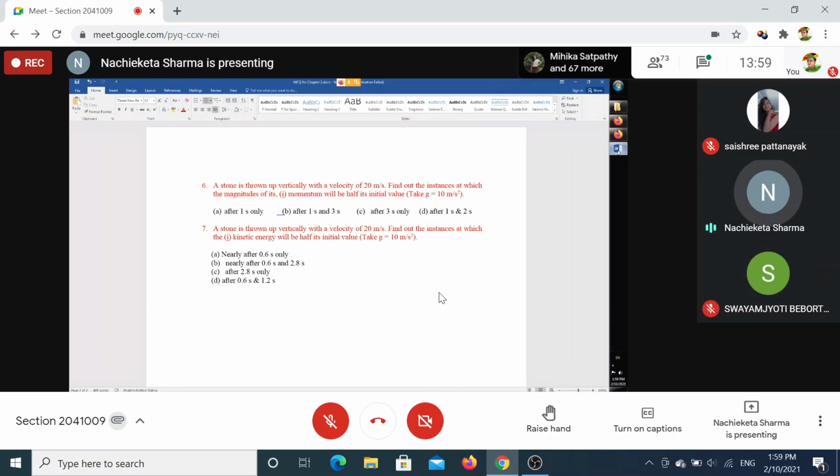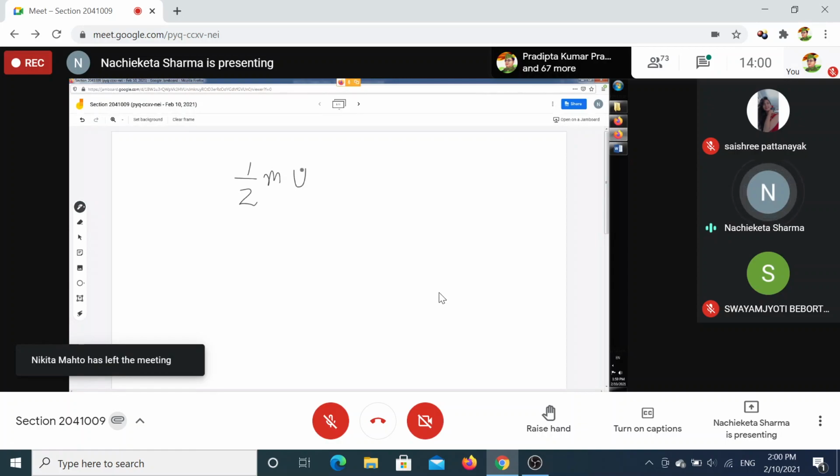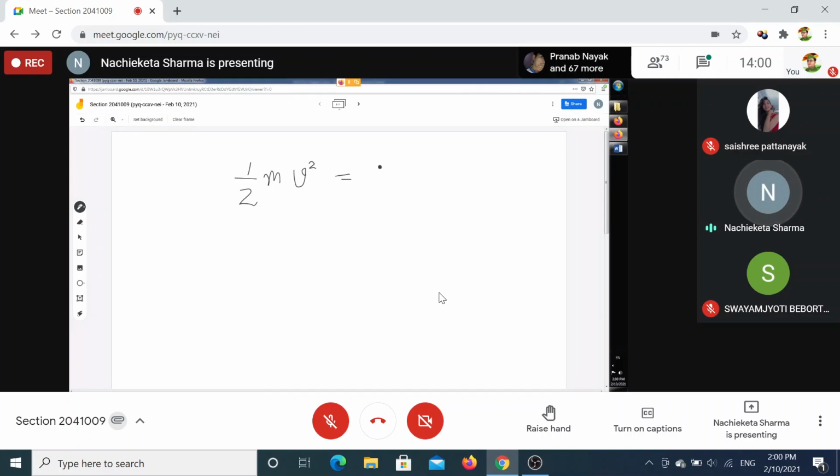So you have to take the velocity in half mv square. What will be the velocity? Your initial kinetic energy is half mv square, and this has to become half. Now when half mv square becomes half, what should the value be?